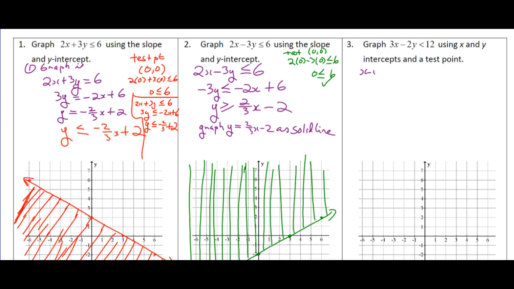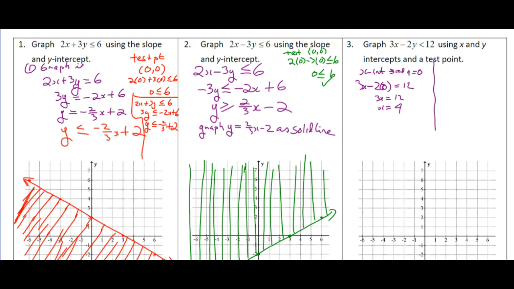Okay, so x-intercept, set y to 0. What does that give us? 3x minus 2 times 0 is less than 12. Again, let's just graph this as equal to 12, because we're going to graph the line. So 3x equals 12, x equals 4.